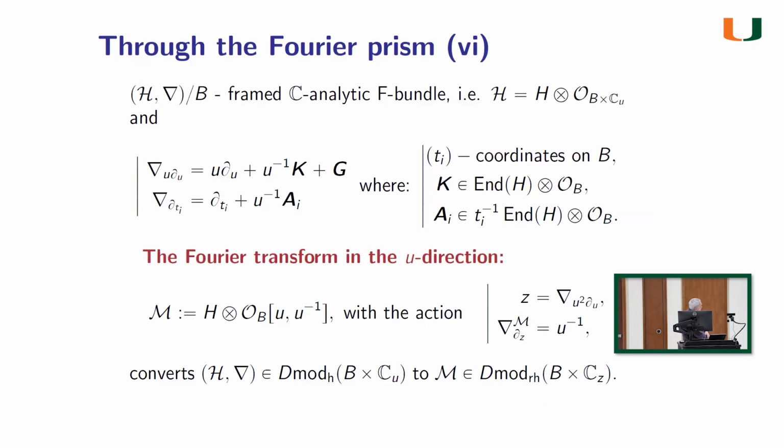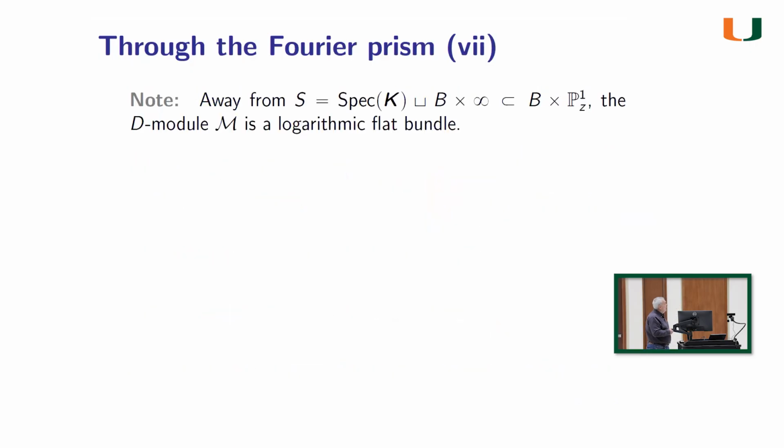So it converts this D module, this connection, to a D module, which, as we said, is regular holonomic. And away from the spectral cover, the spectrum of K plus infinity, it's a logarithmic flat bundle. Right? It's smooth there.